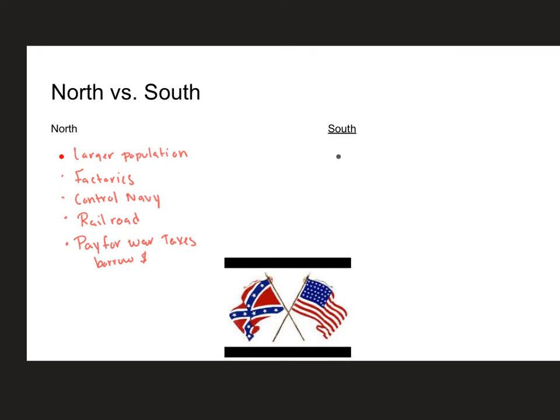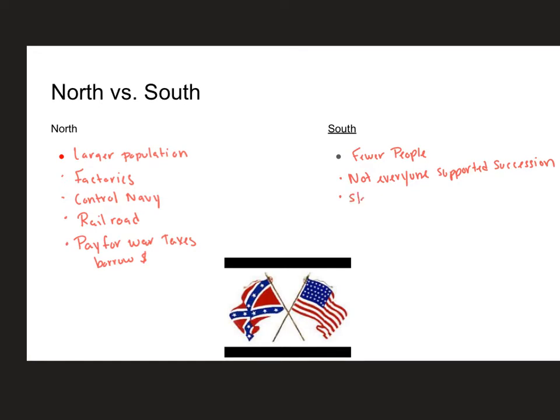and borrowed money. Now the South had fewer people. Not everyone supported secession. So a lot of them supported slavery, but they didn't necessarily want to secede from the Union. So they were kind of divided amongst themselves.